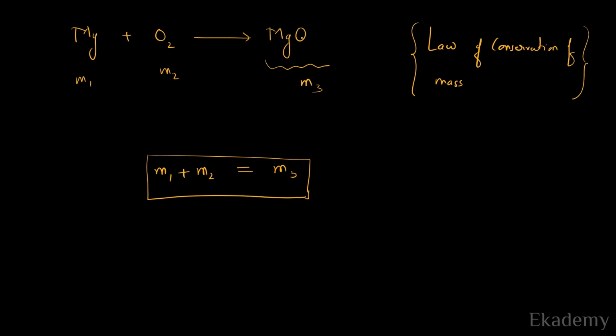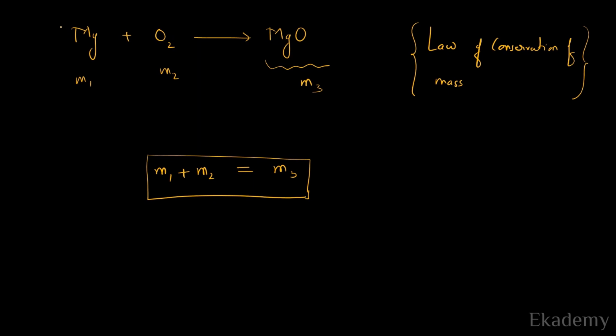Here we have only one oxygen atom. So this number is not balanced, and hence mass is not conserved, but it should always be conserved, and hence there is a need to balance these numbers, or there is a need to balance mass.